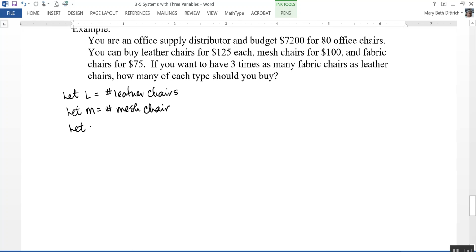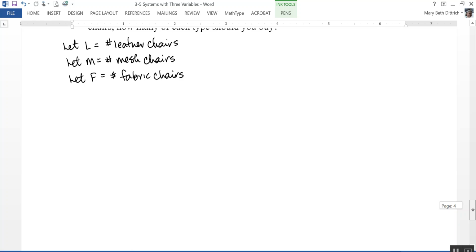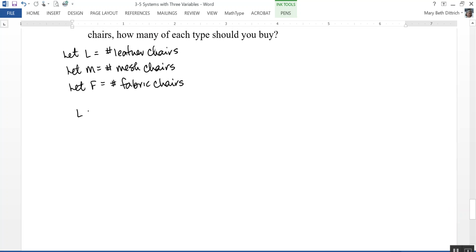And let F equal the number of fabric chairs. Okay, so I know that I am buying 80 office chairs. So that means that L plus M plus F is equal to 80.